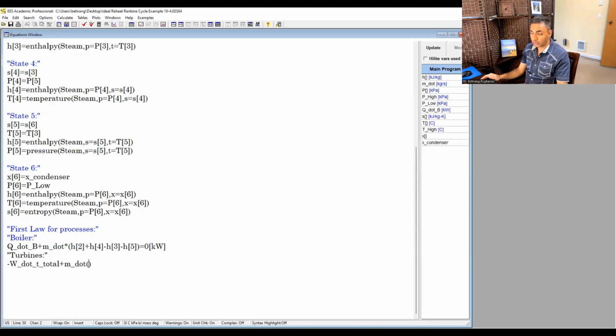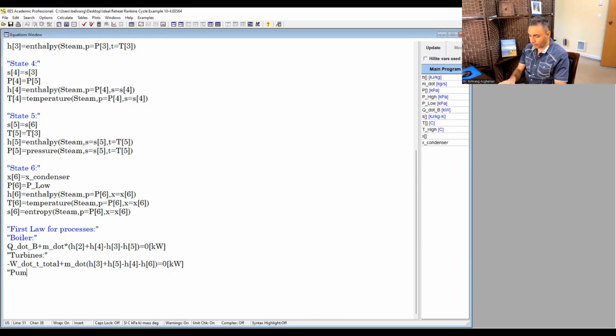So what I see here is H3 is going in. What else is going in? I see H5 is going in. Okay, what else is going out? H4 is coming out of my system, and H6 is coming out. And the ones that are coming out are negative. The ones that are going in are positive. No, ignore the potential and kinetic energy. They're fine. Equals 0. 0 means steady state. Kilowatts. Okay, I got it.